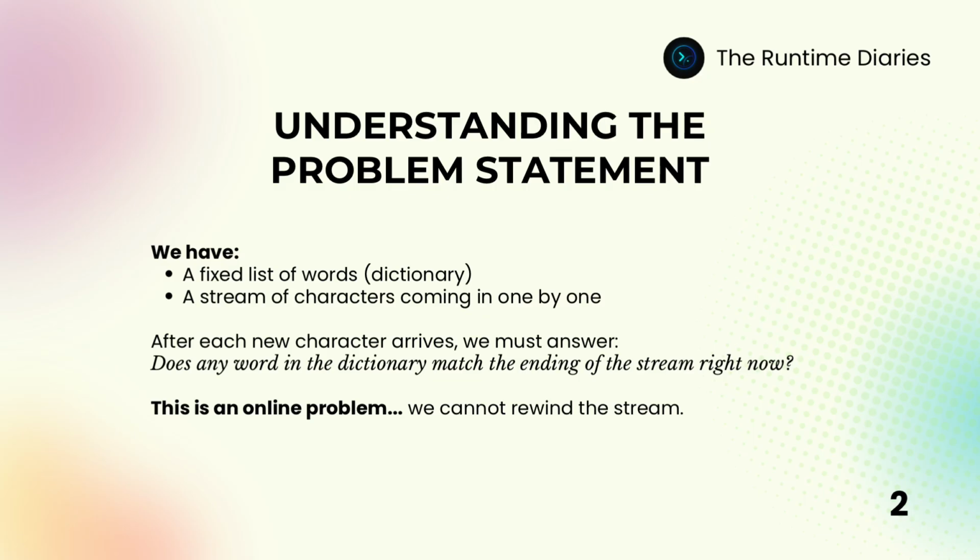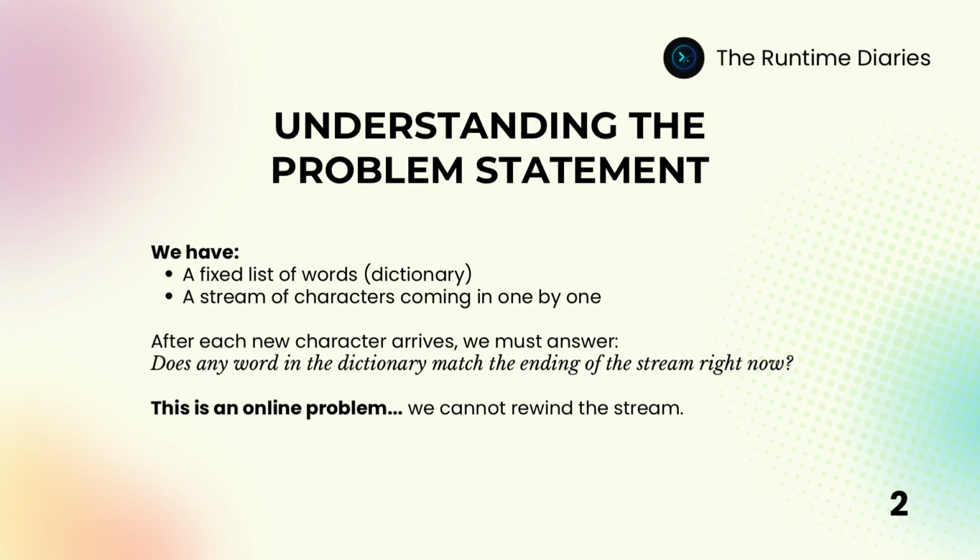Alright, let's strip away all the LeetCode jargon and talk about what this problem is actually asking. Here's the setup. You're given a fixed dictionary, just a list of words like, from left to right in the array, CD, ABC, and F. Then, characters start arriving one at a time, kind of like someone typing in real time or messages appearing in a chat stream.